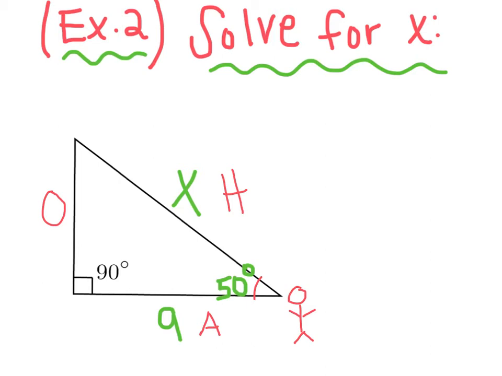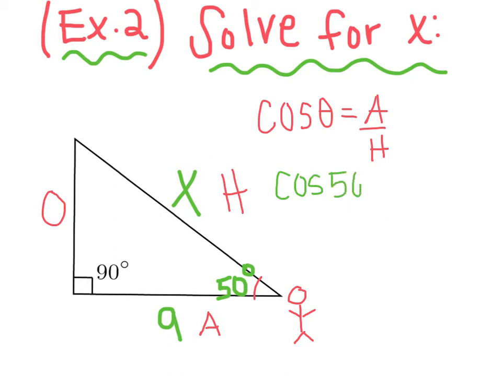So we still have adjacent and hypotenuse, so that's still going to be cosine. Cosine theta equals adjacent over hypotenuse. Our theta is 50 degrees, since we know the angle. The adjacent side is 9, and the hypotenuse side is x.